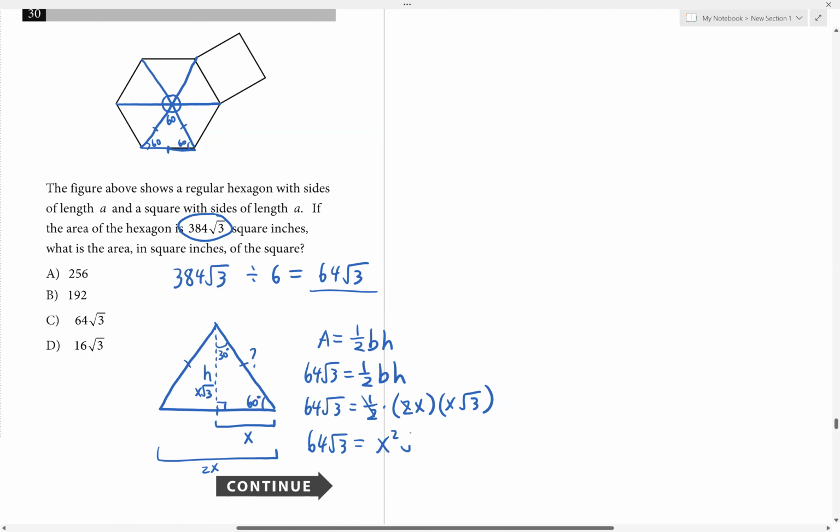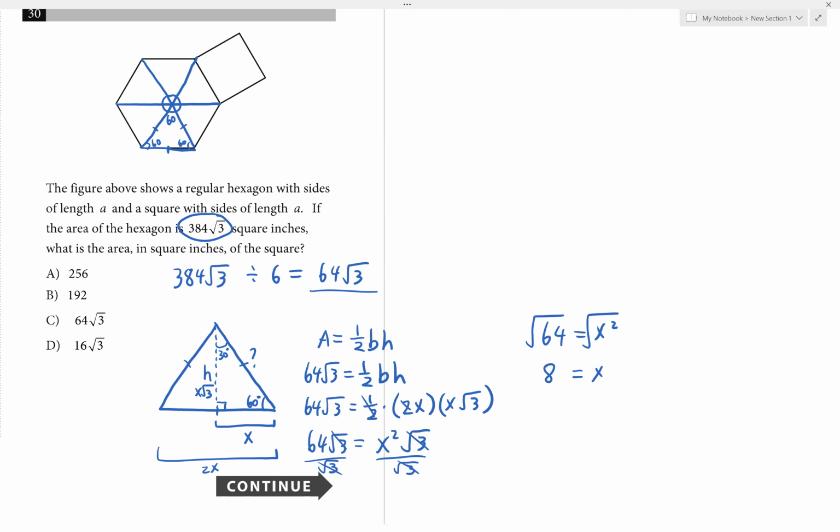So 64 square root of 3 equals 1/2 times 2x times x square root of 3. 1/2 times 2 is 1, so they cancel, and we get x squared times square root of 3. Dividing both sides by square root of 3, we get 64 equals x squared. Taking the square root, x equals 8. Since it's a geometry question representing a side, we don't worry about plus or minus, because it has to be positive.